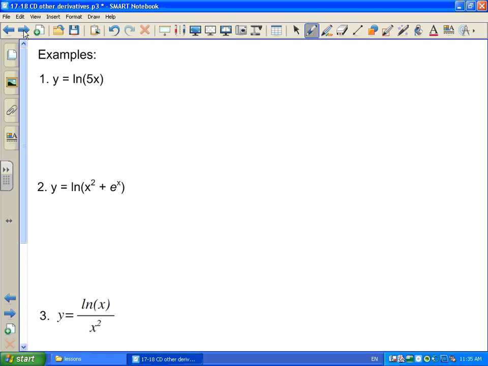So let's identify what is that inner function, or that g at x function that is inside of our outer function. Our outer function is the ln, but our inner function is just the 5x. So our derivative is a pretty easy derivative. It's just 5.